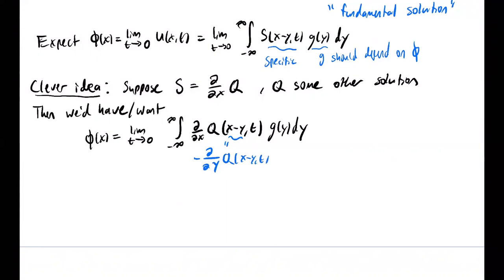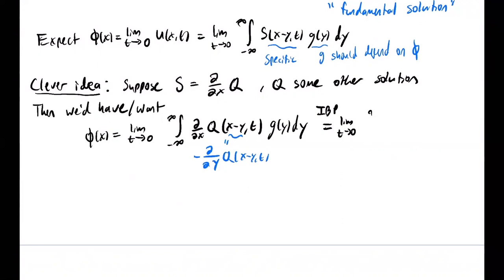But once I have a derivative with respect to y in the integral, I can integrate by parts. So I can write this integral now as the limit as t goes to 0 of the integral from minus infinity to infinity of, well, integrating by parts moves the derivative over at the expense of a minus sign. So I have a negative d dy here, and the minus sign will cancel when I integrate by parts.